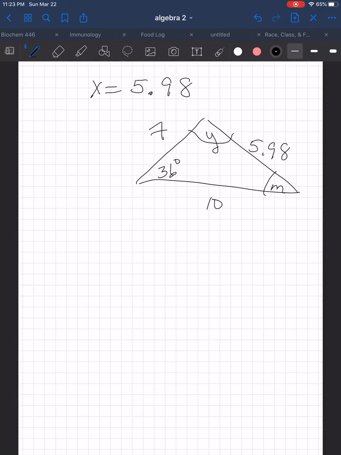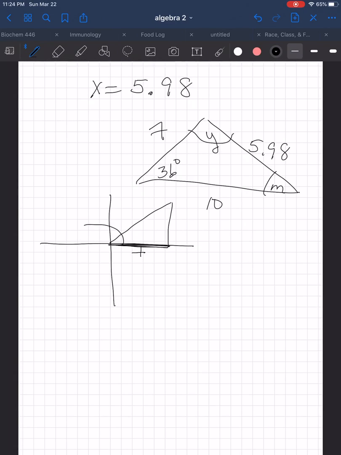Right, now the beauty of law of cosines is if there's going to be an obtuse angle, the law of cosines is going to give it to us, because if you think about it, an acute angle would be over here. Its cosine would be positive because the adjacent side is positive.